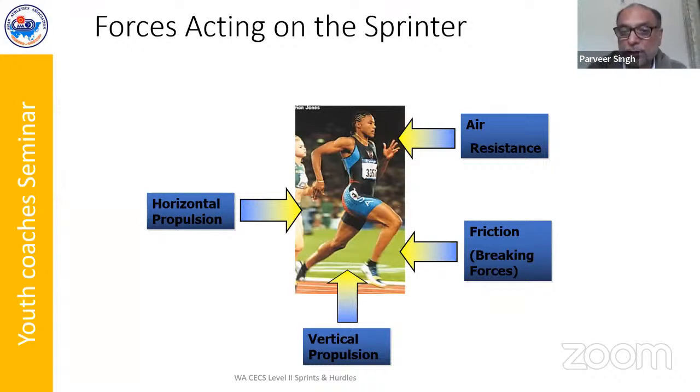So it is the resultant force which causes the forward movement or the linear motion. So vertical propulsion, horizontal propulsion and gravity, as you mentioned. These are the forces acting on a sprinter while sprinting.